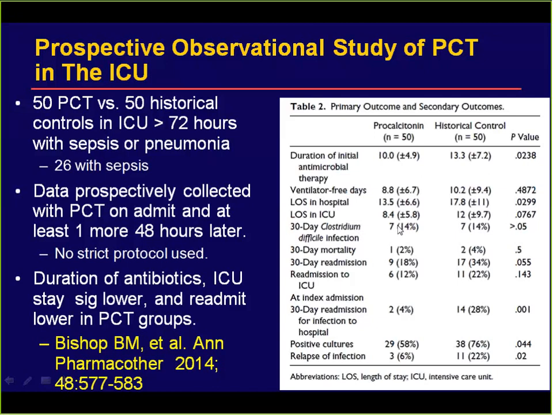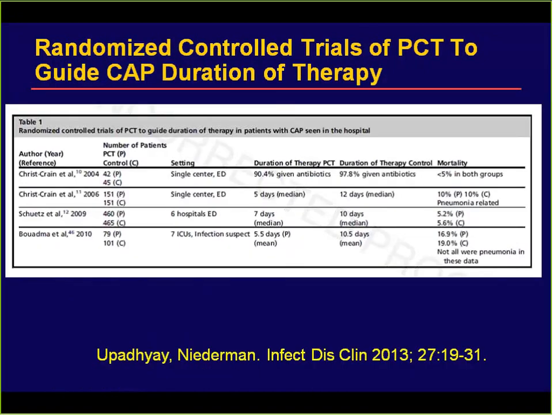The C. diff infection rate was actually similar in both groups, but again, the readmission rates trended to be lower, and the relapses of infections were lower, and the 30-day readmission due to infection was significantly lower. So they considered this to be of some benefit, but again, it wasn't one of the prospectively done trials.